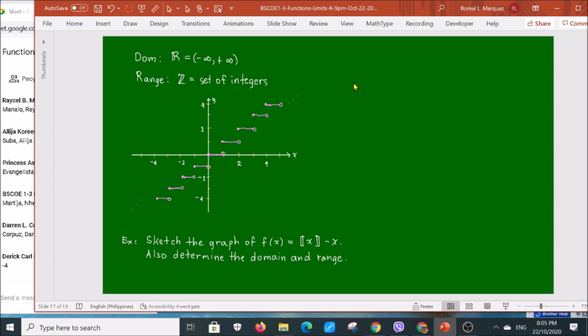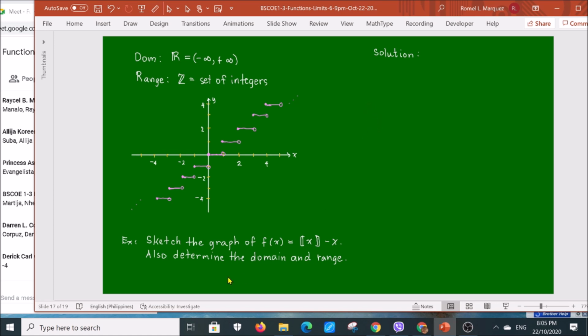So, we now have the graph, no? For the graph, so solution. So first we define this piecewisely. So how do we define f of x piecewisely?